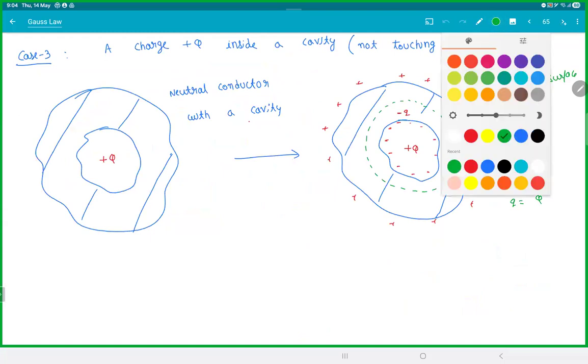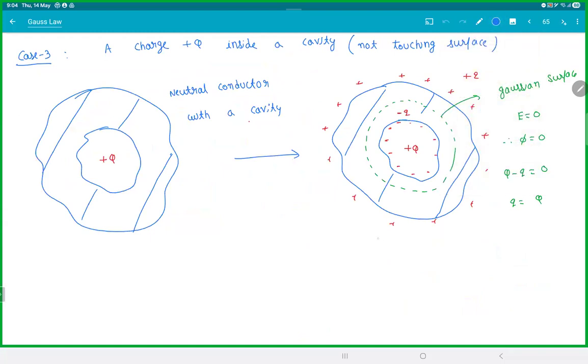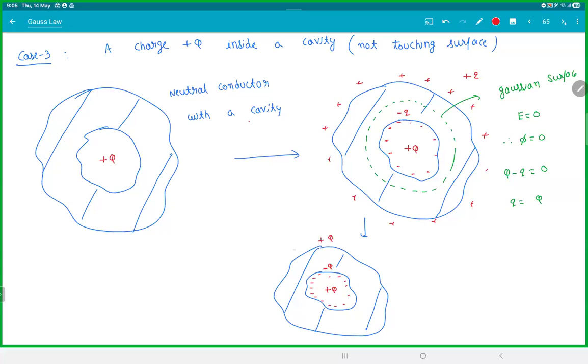If you put something in a cavity, you will always induce equal and opposite charge on the inner surface. So if you put a plus Q here, you will induce minus Q on the inner surface and plus Q on the outer surface. That is how keeping charges inside a cavity behave.